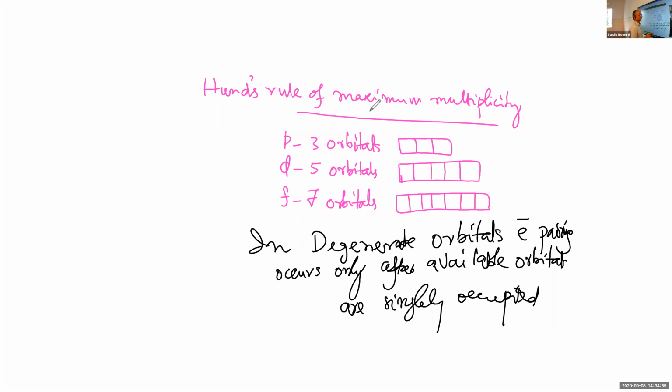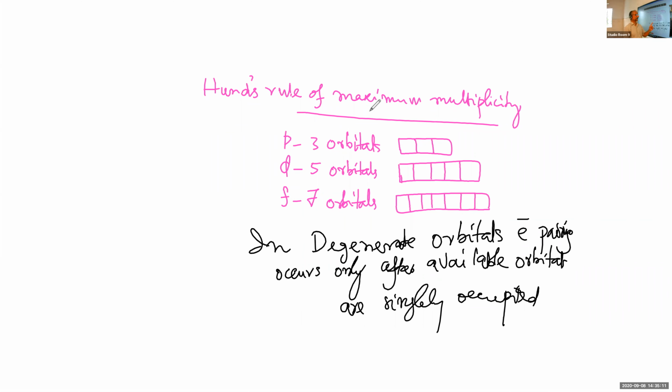So there should be 1 electron each in the orbitals first. Only after that there will be pairing of electrons. So we can state Hund's rule in 2 ways.